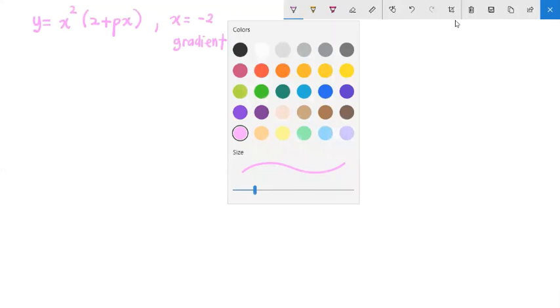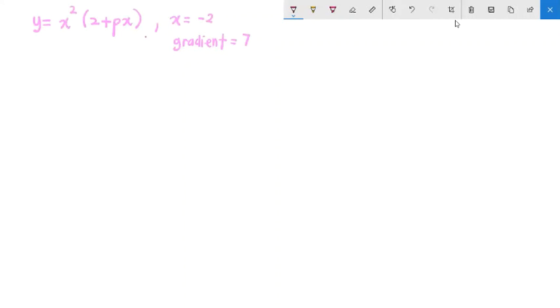Okay, this equation is not linear, it's not quadratic, it's cubic. Okay, so expand. Kita dapat y is equal to 2x squared plus px cubed.